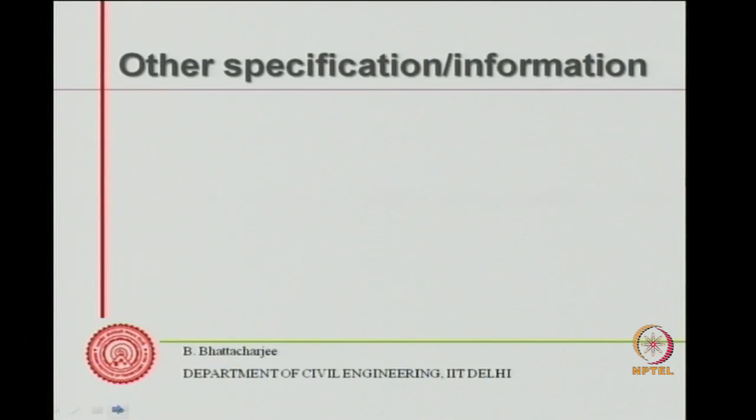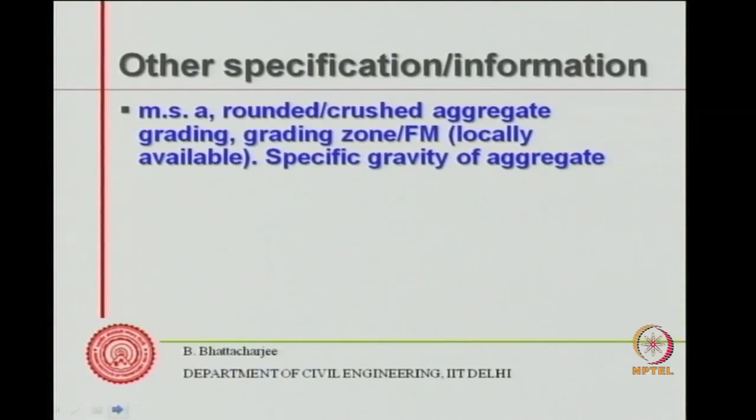So at the moment we are trying to look at the mix design. So this is how we specify the concrete, and once these specifications are available, some more additional information may be needed. These additional informations are nominal maximum size of aggregate, which is again decided by the spacing of the reinforcement, the section, the cover, and also somewhat related to the strength of concrete.